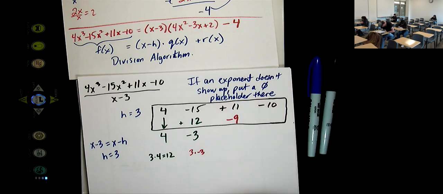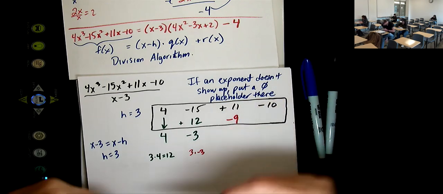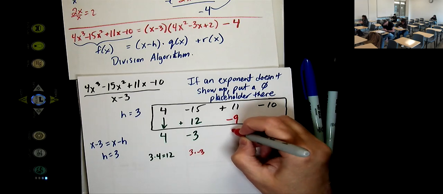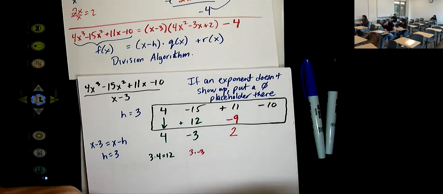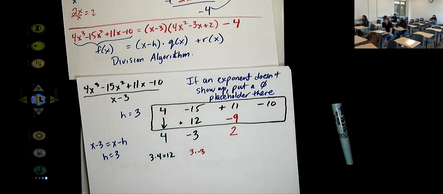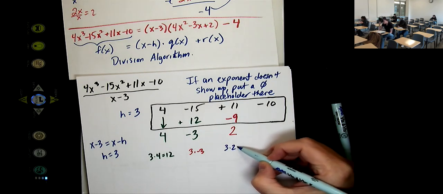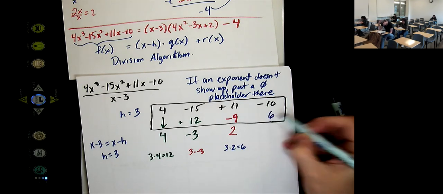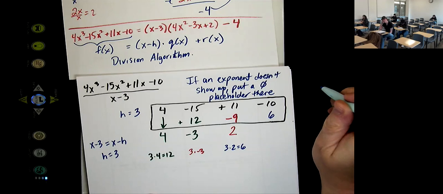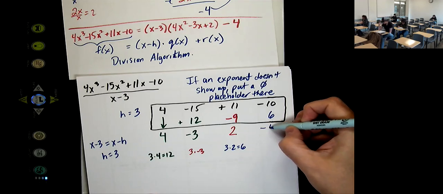Or in this case, basically subtract. 11 minus 9 is 2. Finally, I do the 3 times the 2 here, and I get 6, and I'll put that there. And I add those up and I get -4.